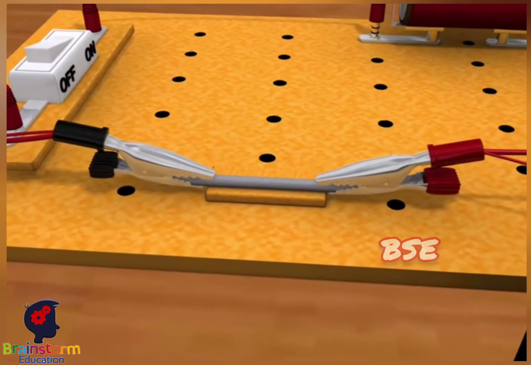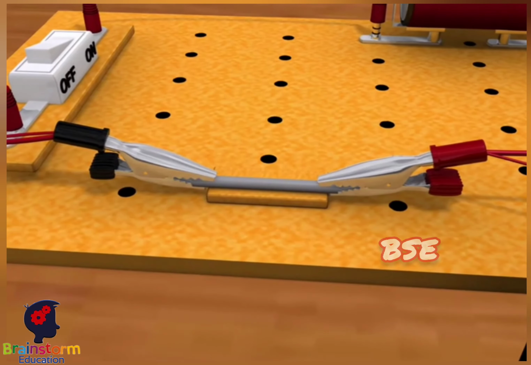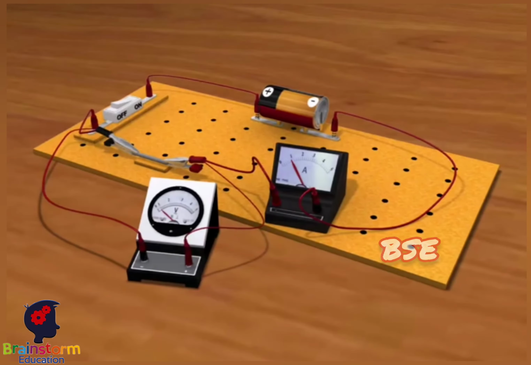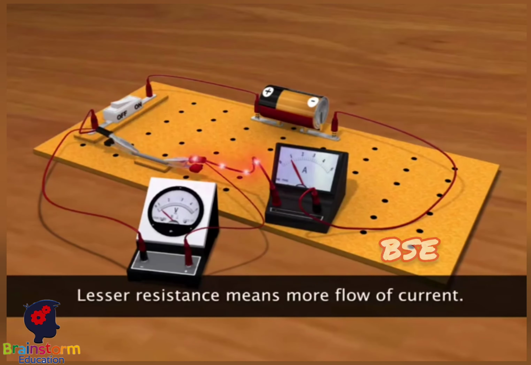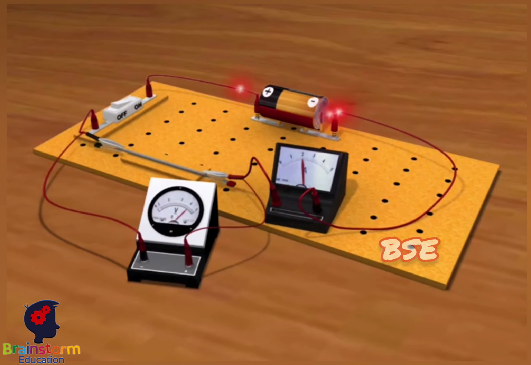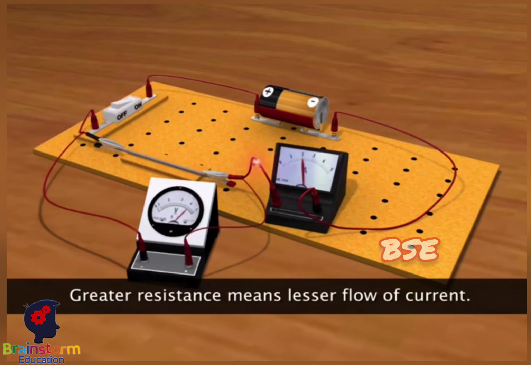Resistance is different for different conductors. The lesser the resistance, the greater is the flow of electricity. The greater the resistance, the lesser is the flow of electricity.